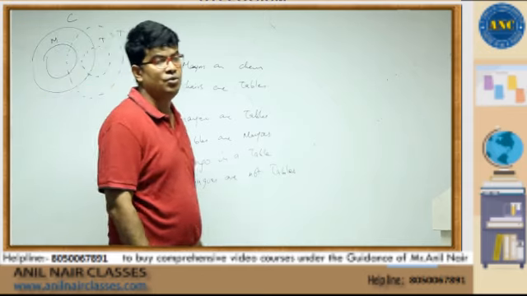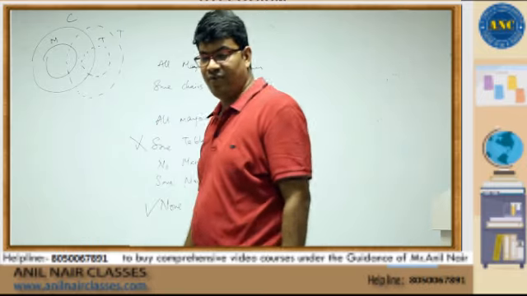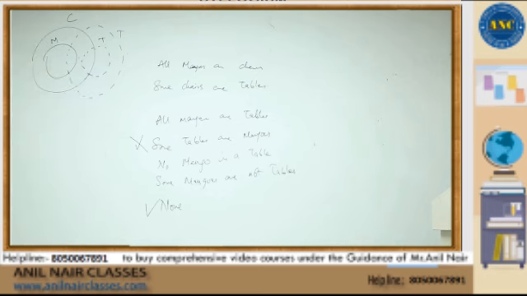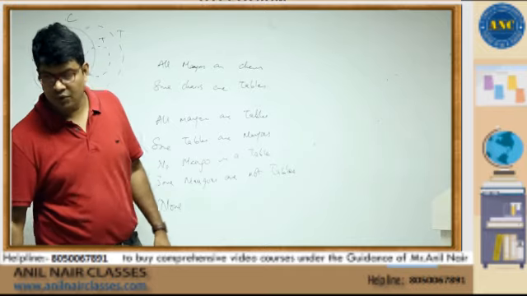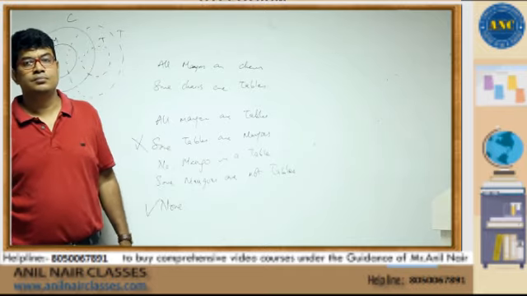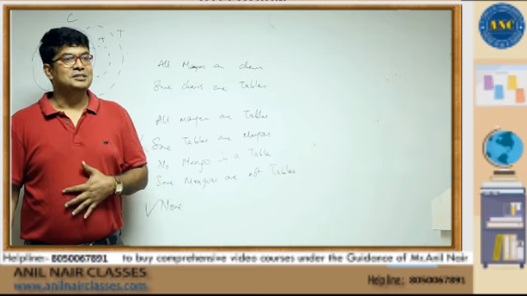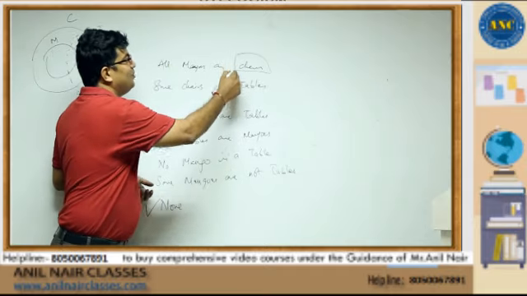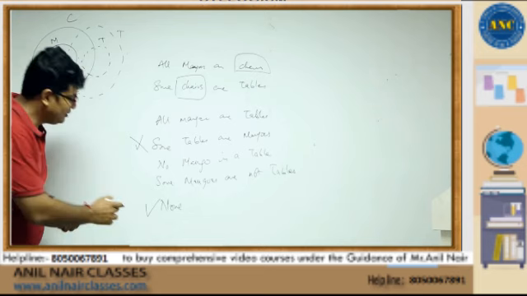In short, no immediate inference can be drawn. So from now on, guys, whenever you see two statements, look for the middle term. Is the middle term distributed? No, answer is none.